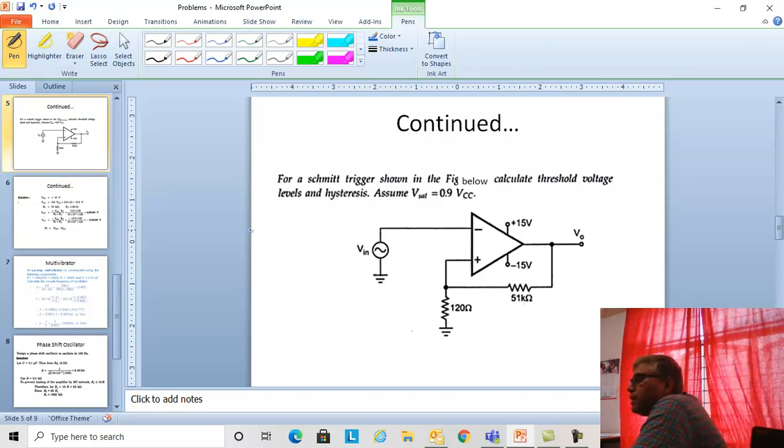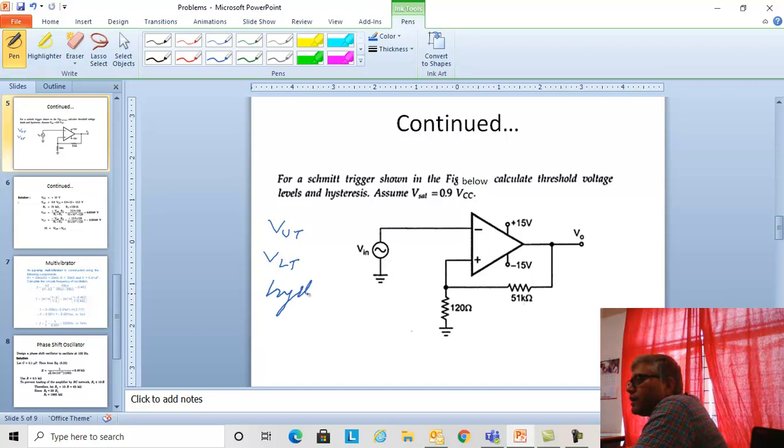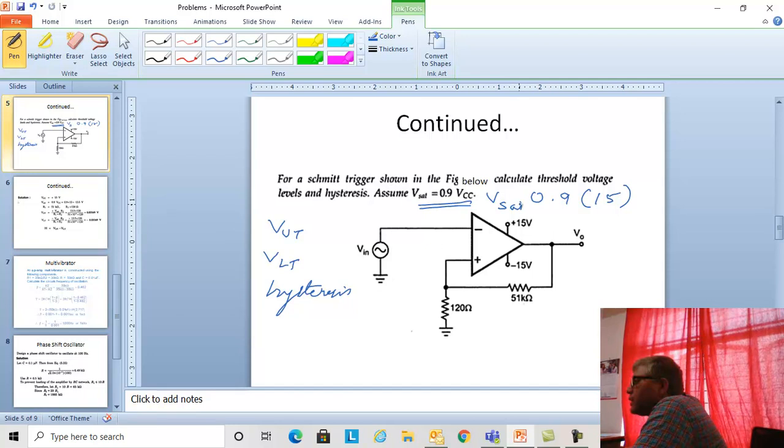So they ask you to find out VUT, VLT and hysteresis, all three. And Vsat is assumed to be 0.9 into 15.